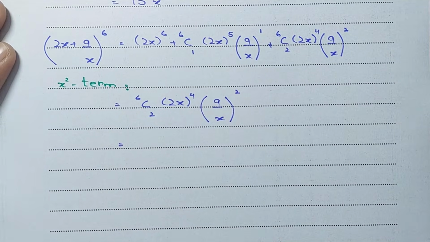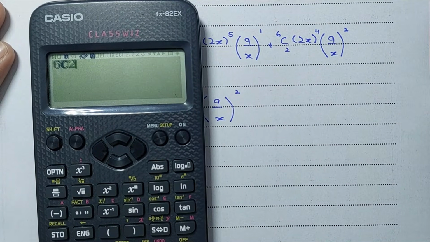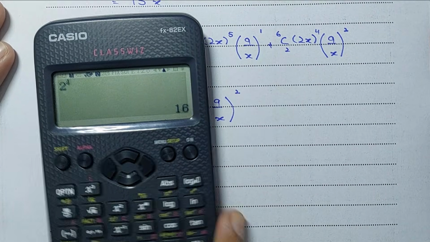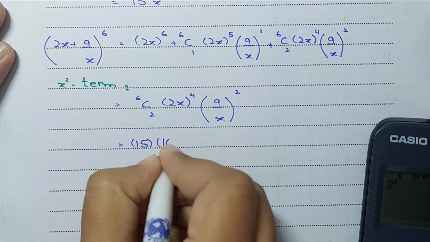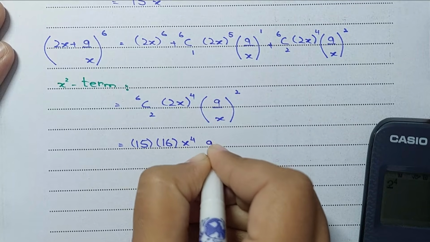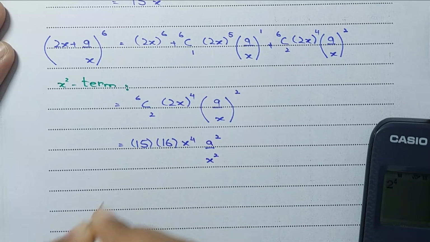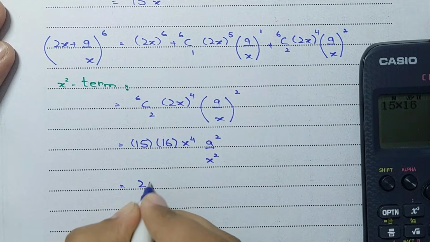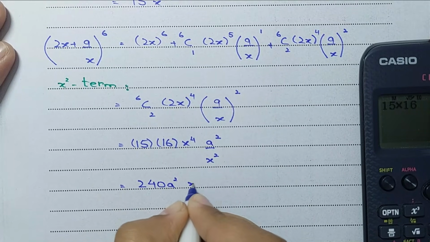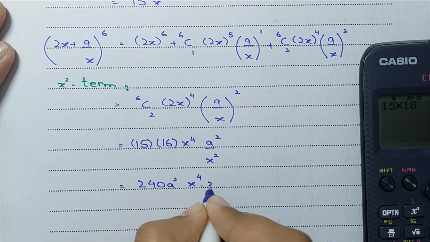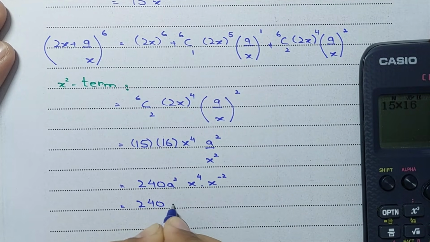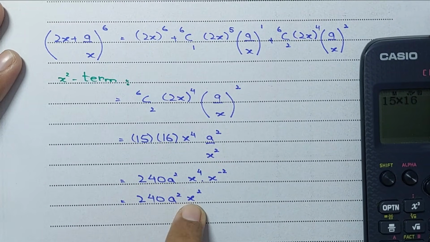What is 6C2? 6C2 is 15, and 2 to the power 4 is 16, x⁴, a² over x². 15 times 16 is 240, so 240a² and x to the power 4 and x to the power negative 2. The bases are the same, so we can add the powers. So 240a²x², 4 minus 2, and the coefficient of x² is this term.